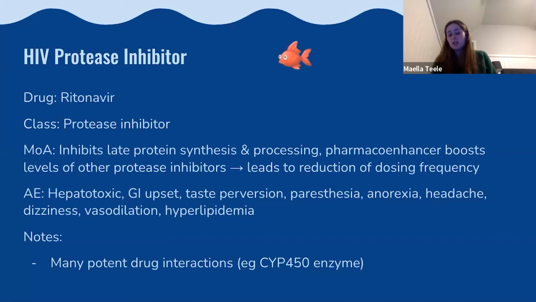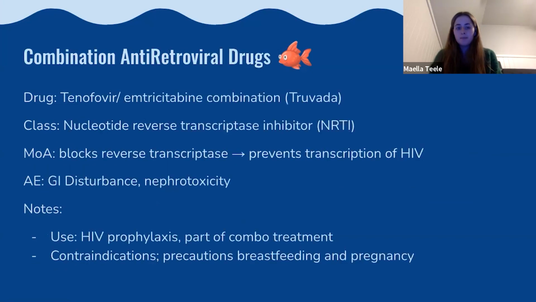An adverse effect is that it's hepatotoxic. It can cause GI upset, taste perversion, anorexia, headache, dizziness. There are a lot of adverse effects, and there are also a lot of potent drug interactions, most notably with the CYP450 enzyme.